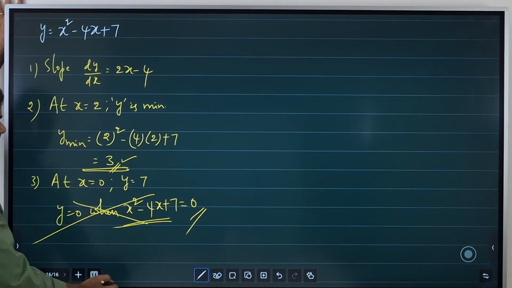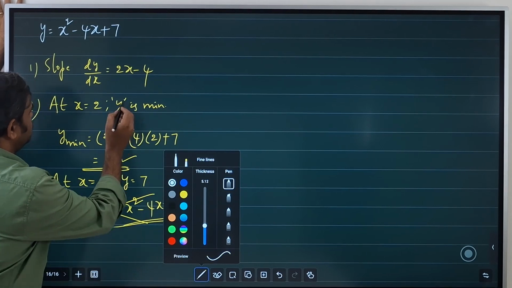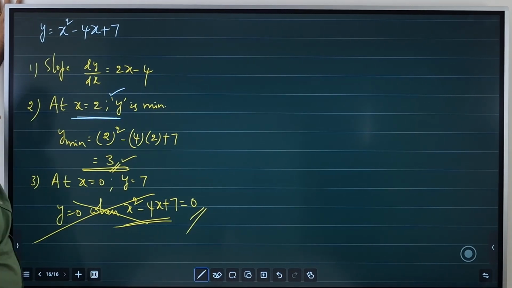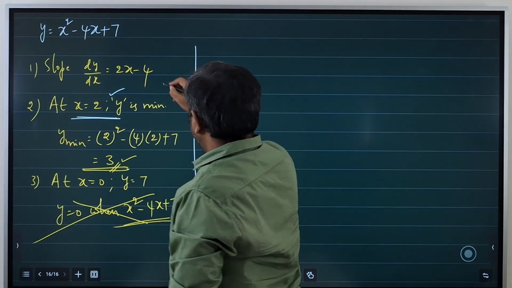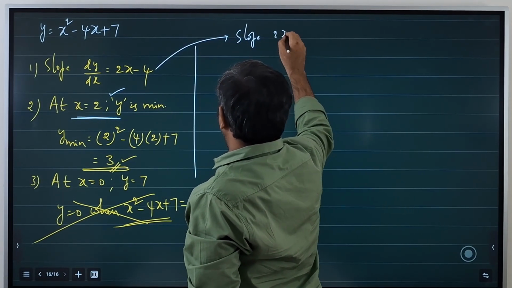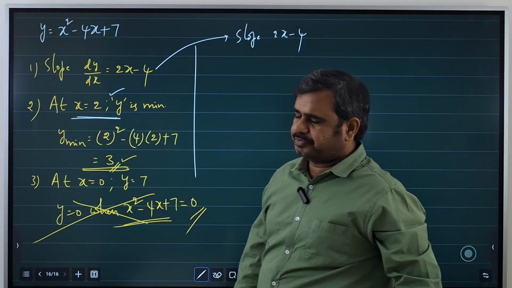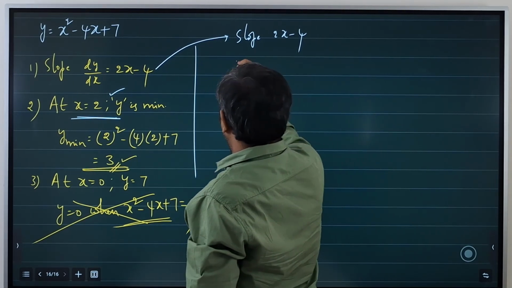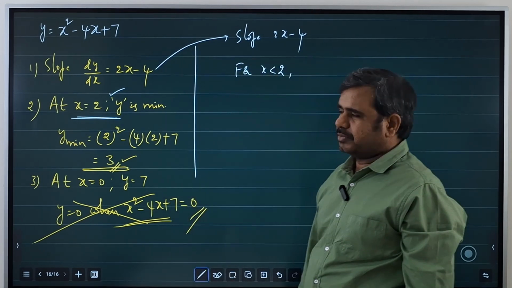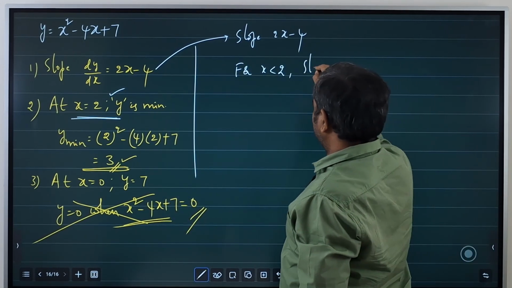So slope is 0 at x is equal to 2. For x less than 2, look at the slope. Slope we have 2x minus 4. For x less than 2, slope is negative.